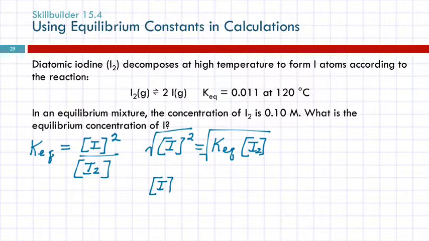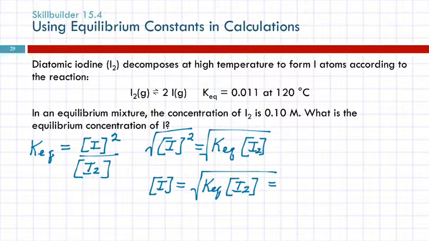So now I've got the iodine atom concentration is equal to the square root of the equilibrium constant times the iodine molecule concentration. So KEQ 0.011, and the iodine concentration is 0.10, and I've got the square root of all of that.